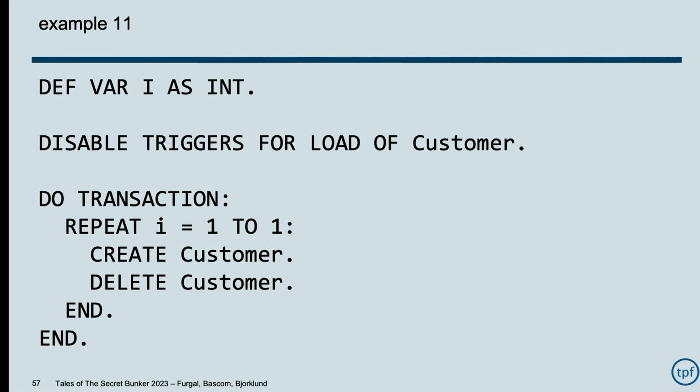So let's do a different variation on this. Now, instead of a do, we're going to use a repeat. But again, we're doing a loop one time. So what happens?